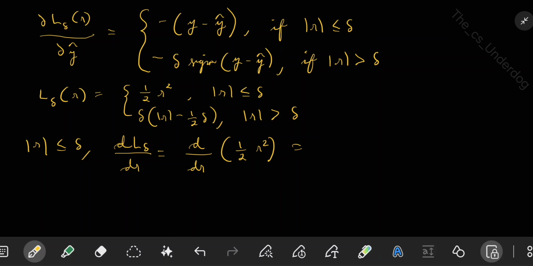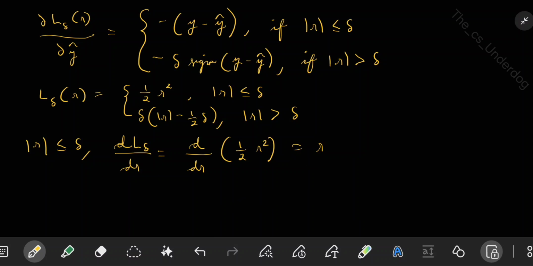The square comes down, 2 by 2 will be 1, so the remaining will be R. So dL delta by dR will be R. If you take the gradient with the MSE formula, that is in case mod R is less than or equal to delta, then dL delta by dR is equal to R. This is the first part.